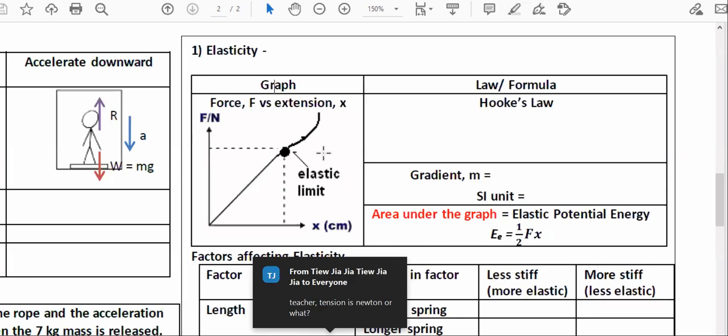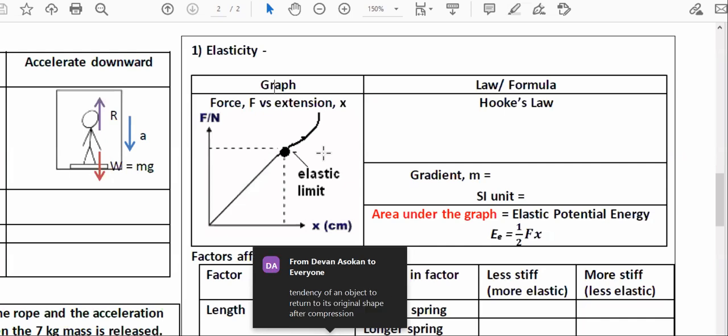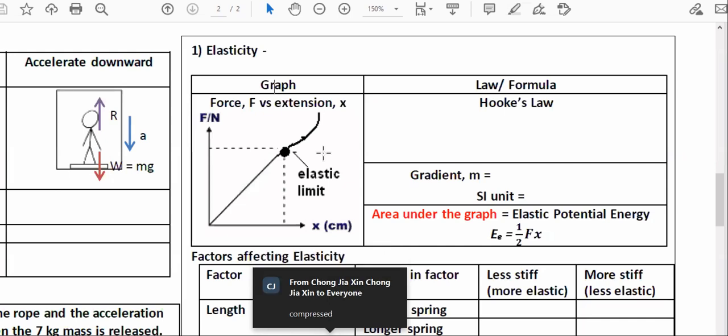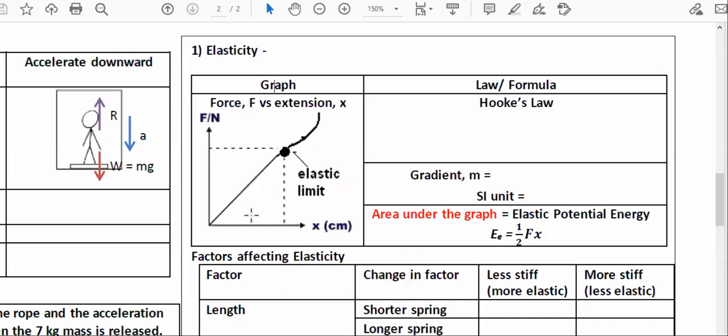Very good, Lampong. Accurate answer. After being stretched, wrong. After being compressed, wrong. After the applied force or external force is removed. The back part is important, because it is not necessarily after stretching. The external force must be removed. Later on, the teacher will show you the full definition.